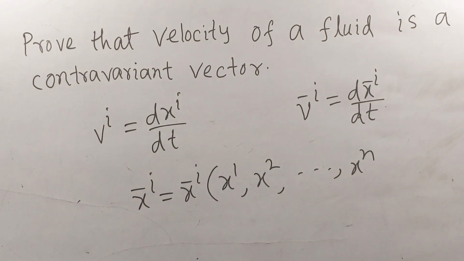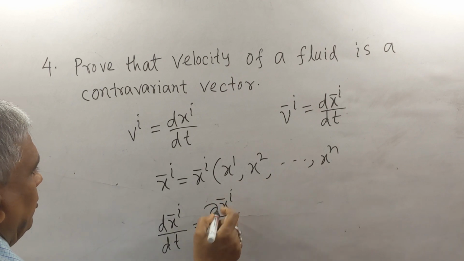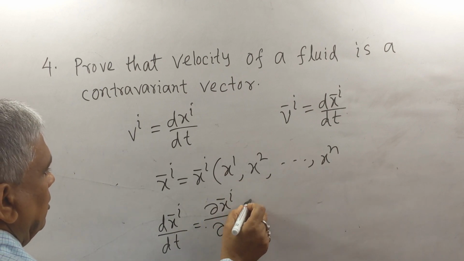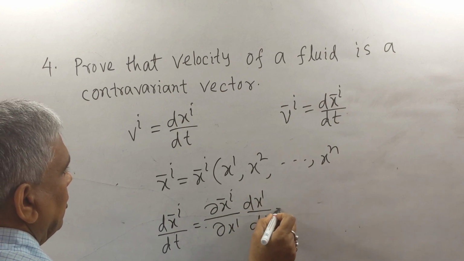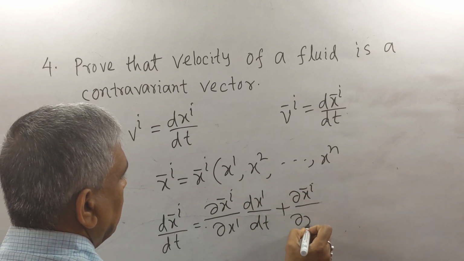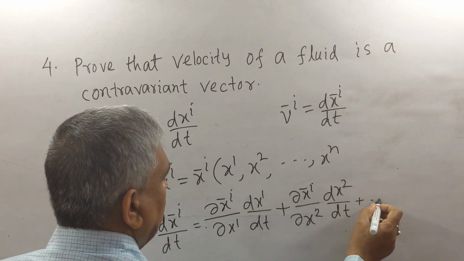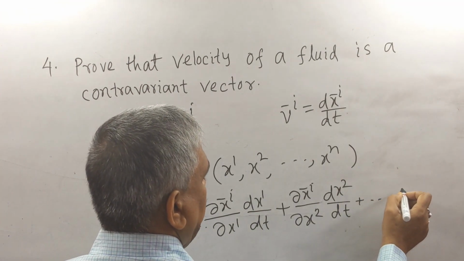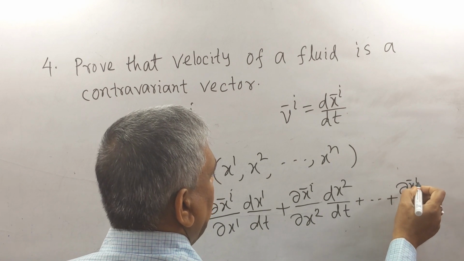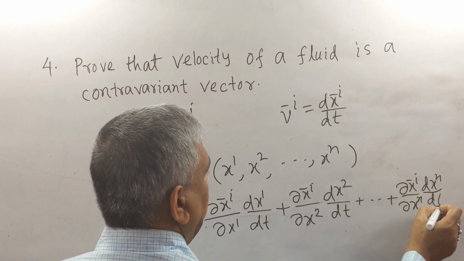If we differentiate this with respect to time on both sides, dx bar i by dt equal to del x bar i by del x1 dx1 by dt plus del x bar i by del x2 dx2 by dt and lastly del x bar i by del xn dxn by dt.